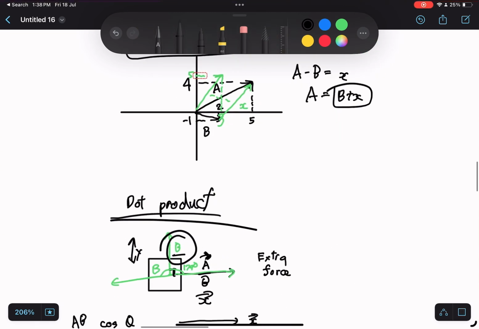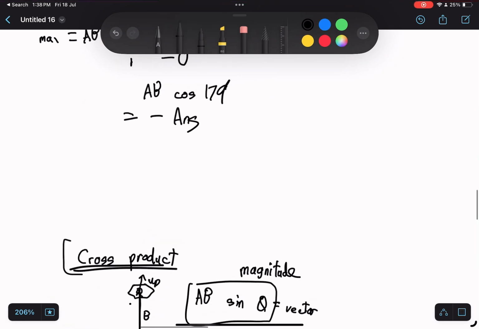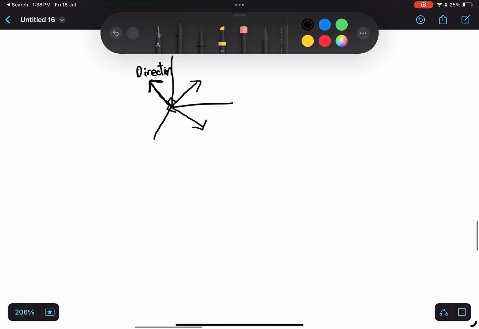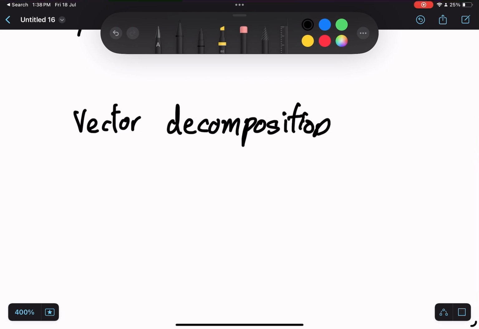We have defined vector addition, vector subtraction, dot products, and cross products. And now we have to enter a concept which is very, very common in kinematics, which is known as vector decomposition. This concept will become a very norm when you continue into physics, which goes as follows.